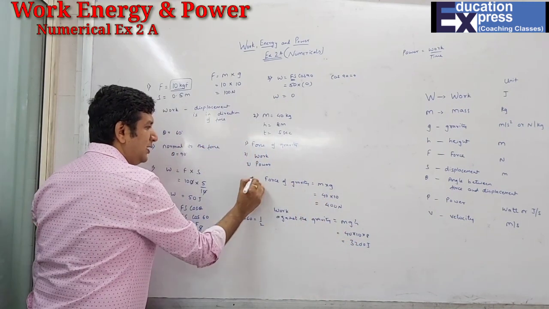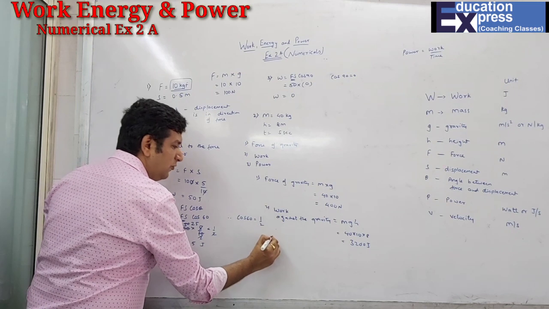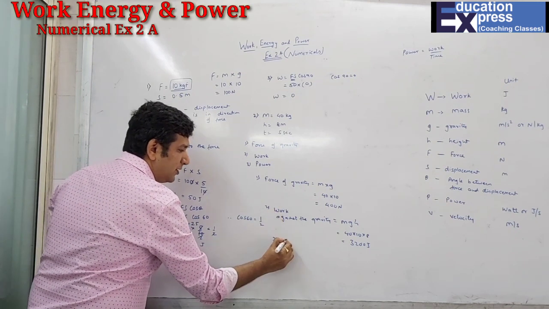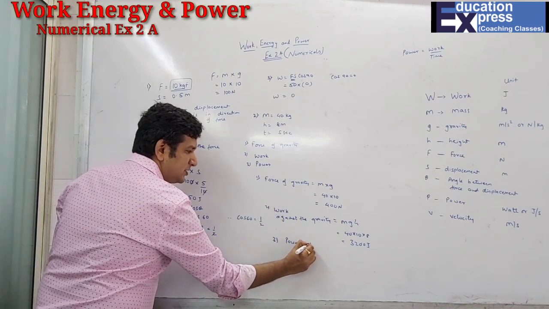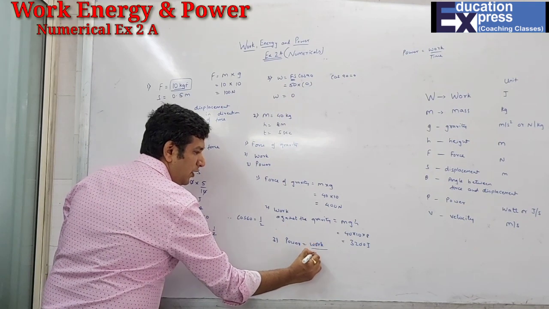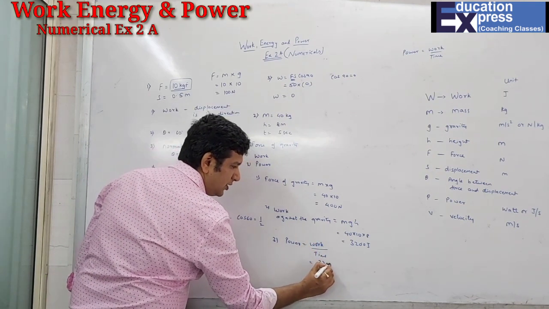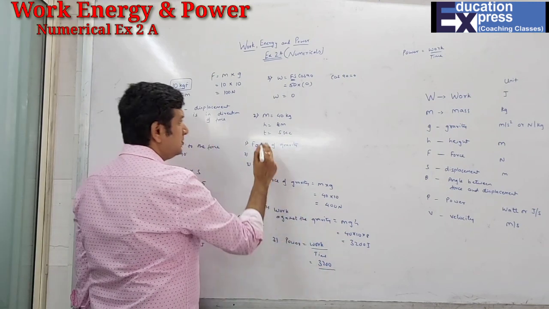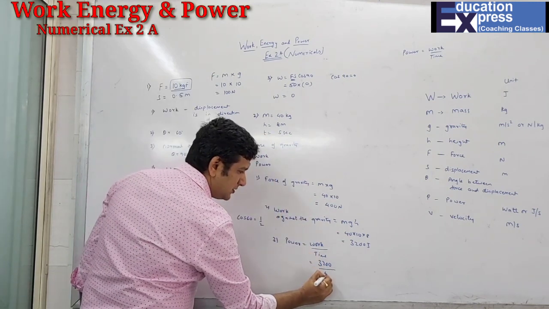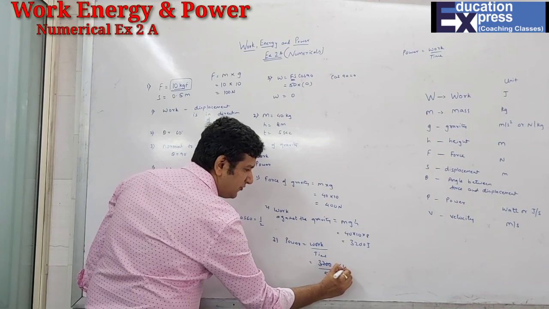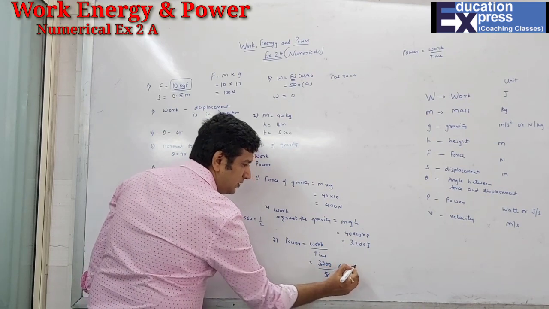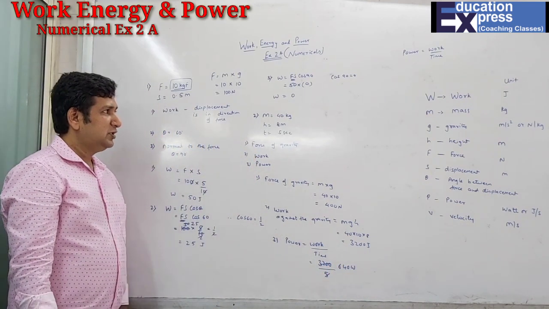And the last part they have asked is power. Power is work upon time. Work is 3200 and time is 5 seconds, which is 640 watt. We have finished question number 2 also.